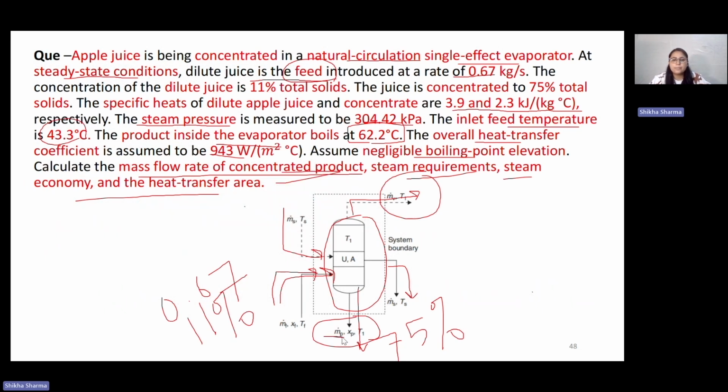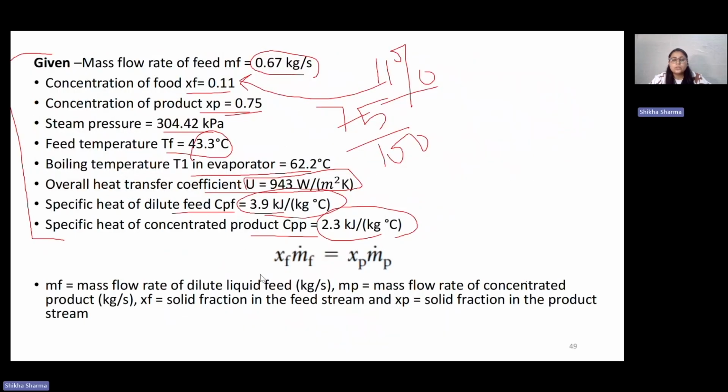The mass flow rate of the dilute feed, MF, times the solid fraction in the feed, XF, is equal to XP times MP. XP is the solid fraction in the product stream, and MP is the mass flow rate of the concentrated juice, the final concentrated product we get.